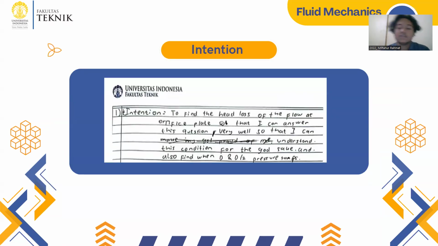I answer this question and all of the questions with the DAI5 framework. First is intention: to find the head loss of the flow at the orifice plate, so I can answer this question very well, understand the condition for the gut check, and also find the D and D/2 pressure taps.